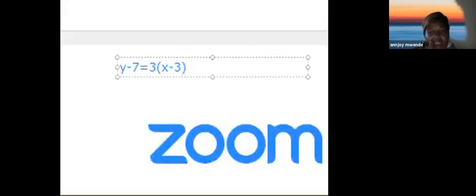The other error is when they are getting this negative 7 to the other side. Some students forget that when a sign crosses the equal sign, it changes the sign. Another error is when they are adding negative 9 to 7. Some will give me negative 16, or some will give me positive 16. They forget that negative 9 plus 7 is negative 2. That is where we get errors.